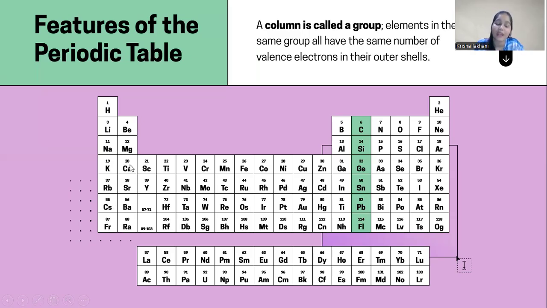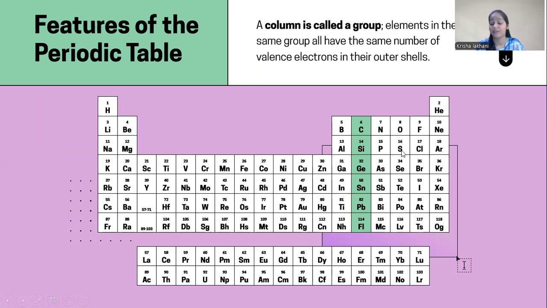Beryllium, magnesium, calcium are the second group. Then boron, aluminium, gallium are the 13th group, or the third group. Carbon, silicon, germanium are the 14th group or the fourth group. Nitrogen, phosphorus, arsenic are the 15th group.